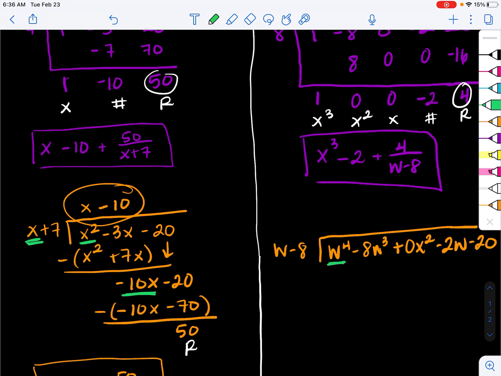Okay, remember, divide the inside term by the outside term. We get w cubed. Multiply it back out. Notice with this one, everything cancels out. So when that happens, bring down the next two terms.